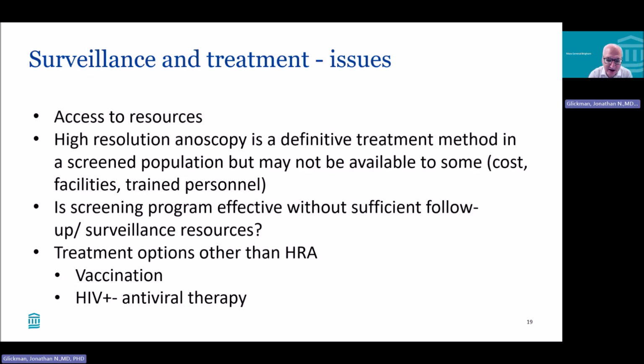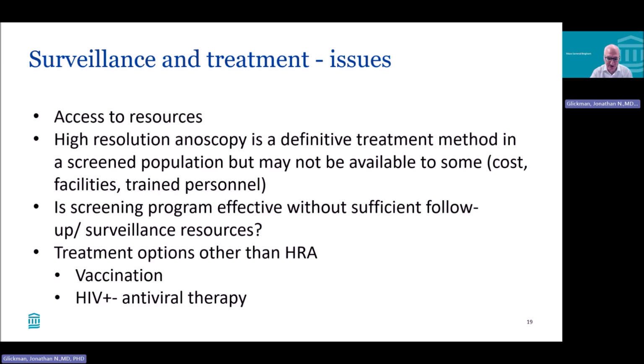But encouraging as this is, it does raise some issues, and a lot of this revolves around access to resources. So high-resolution anoscopy is a definitive treatment in a screened population, but it may not be available because of cost, facilities, or availability of trained personnel.